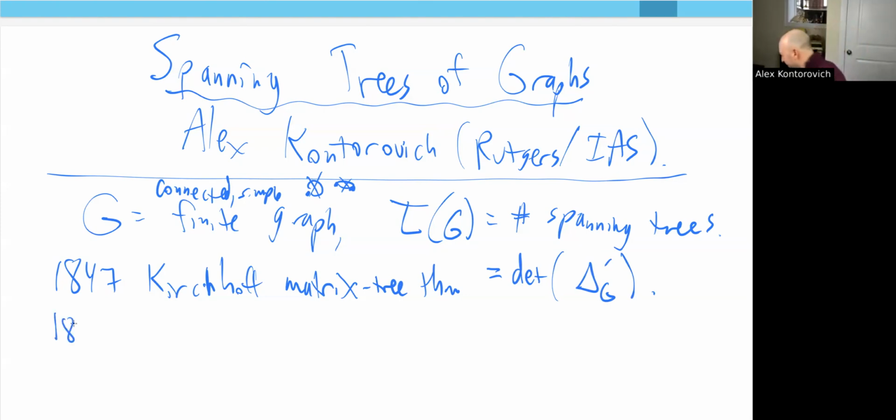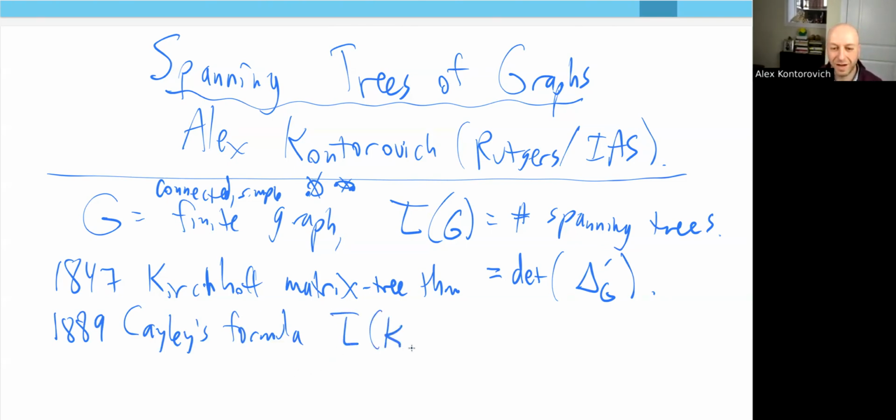I even wrote this down the other day: 1889, Cayley was looking at this. And so there's something called Cayley's formula, which is that if I have a complete graph on n vertices, then we know exactly what the total number of spanning trees is. It's n to the n minus 2.